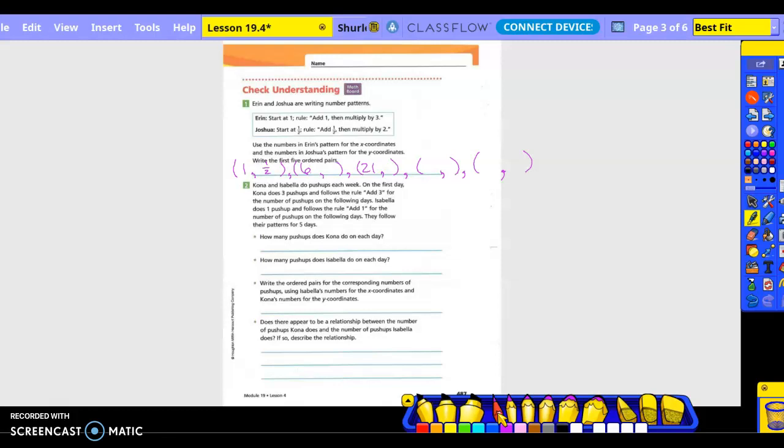times 3 is 66. 66 plus 1 is 67. 67 times 2 is 60 times 60 is what? 120. And then 7 plus 7 is what? 14.